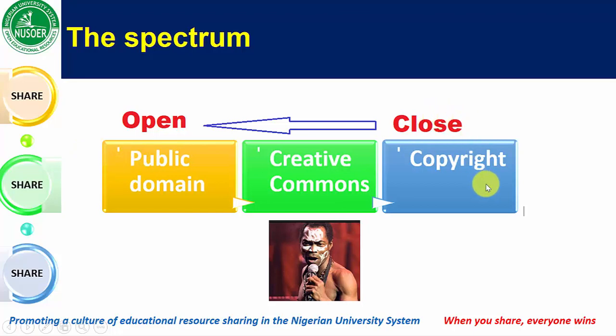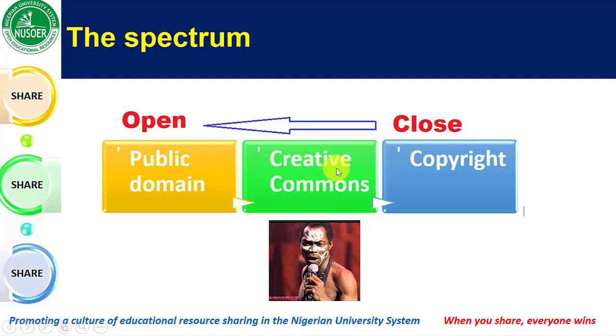I mean, you can't just infringe on my copyright on a resource that I've prepared. But over time, I'm looking at evolution. Some people came up and said, look, I want to be able to share my material, my resource with others. How do I get a license? I don't want full copyright. I don't want to be completely public.